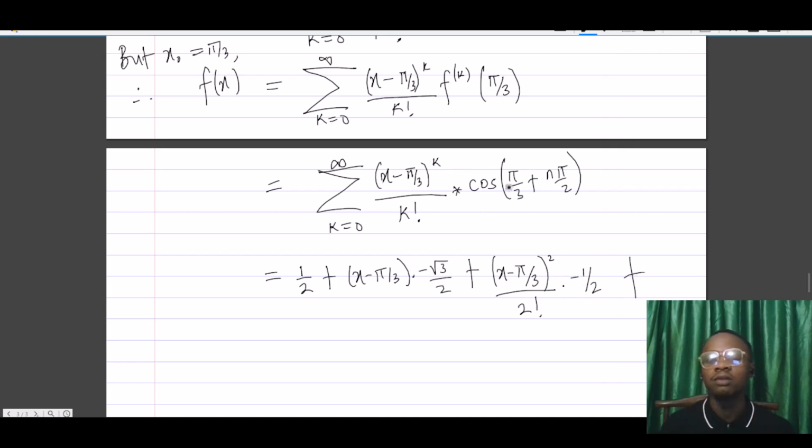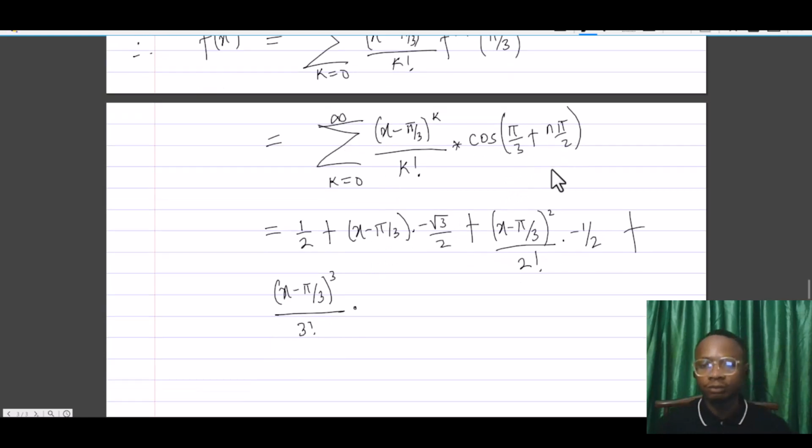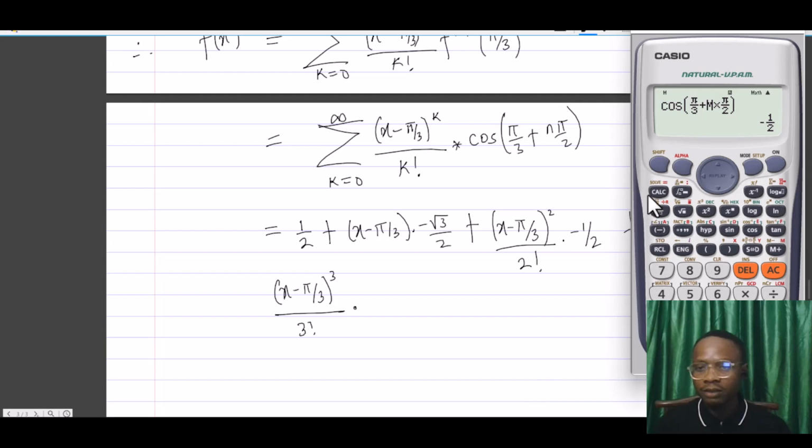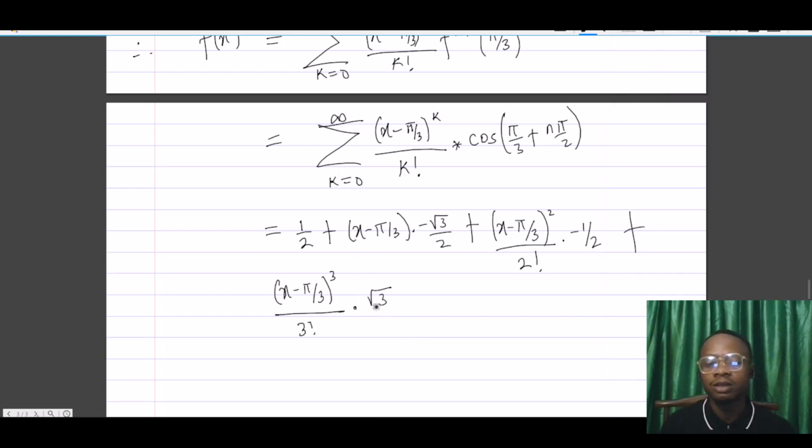Then plus what happens next? That will be x minus pi over 3 raised to the power of 3 divided by 3 factorial. Then multiply by what happens when n equals 3. Let's calculate that. When n equals 3, this is root 3 over 2. Then plus what happens when n equals 4?